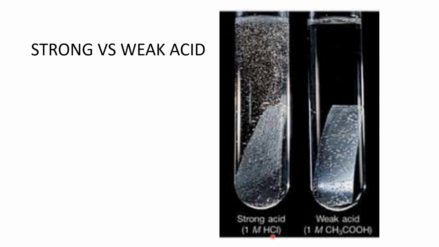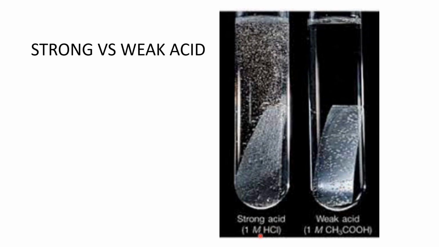Okay. A weak acid, on the other hand, is an acid that ionizes only slightly or partially in an aqueous solution. And acetic acid is an example of a weak acid. Now we recall the reaction we observed with aluminum. Aluminum strip placed in 1 molar hydrochloric acid and aluminum strip placed in 1 molar acetic acid.